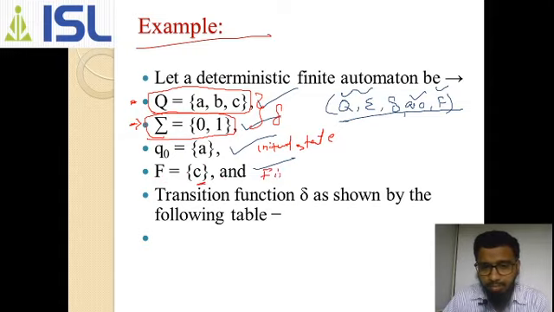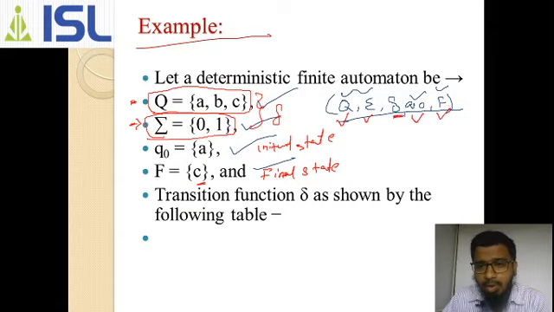Final state. So we have the Q, we have the sigma, we have the Q0, we have the F, the final state, but we need to do the delta function. We need to do the transition function.